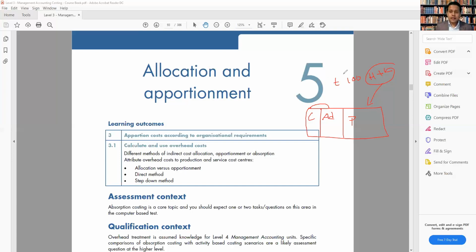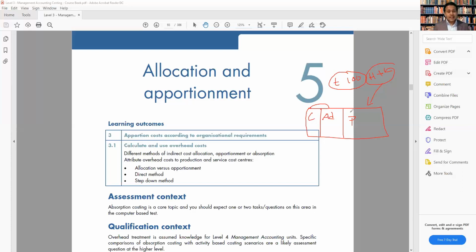So if I ask all of you to split this £100 between these three departments, how are you going to split it? You will say, I want to check who is using how many square meters, how big the building is. If someone uses more square meters, they have to pay more heating cost.